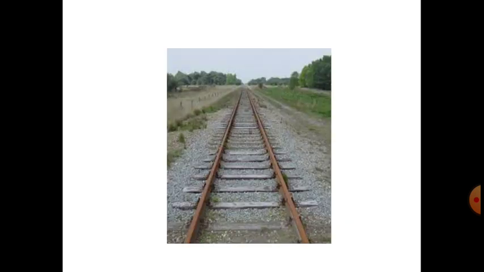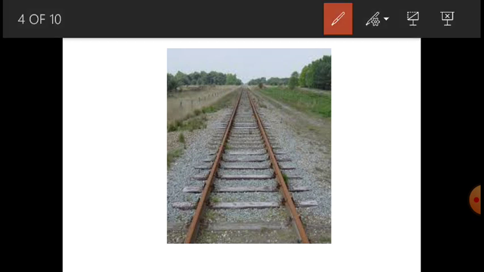You can see one more example here, the railway track. As it moves forward, you can see the point where it is meeting. The railway track lines and the grass at the side are moving in that direction.